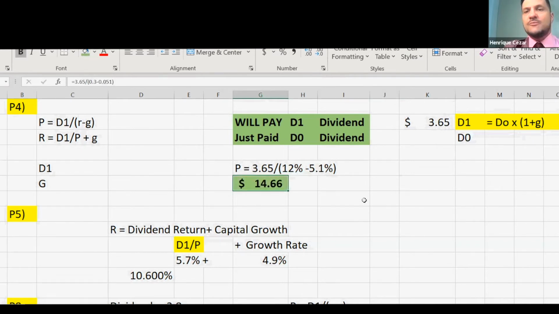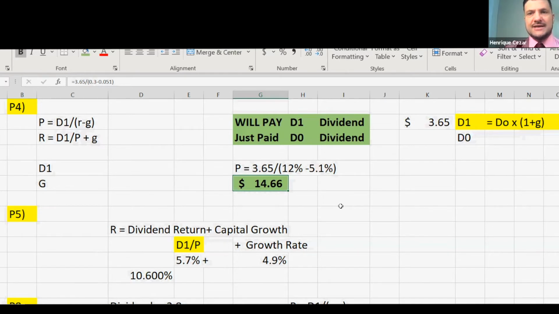That is the fair price of a stock that will pay $3.65 in dividends next year, I expect to make 12% return on that investment. The company promised that those dividends are going to grow 5.1% every year. Then the fair price is $14.66. Okay, that's simple.